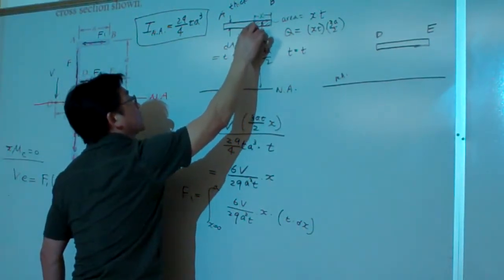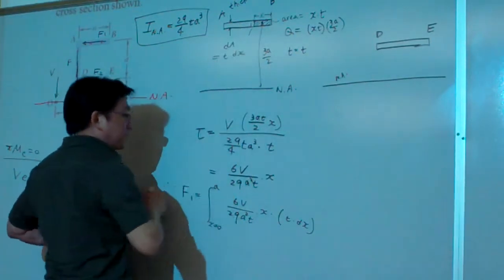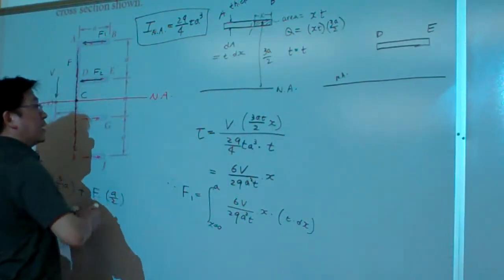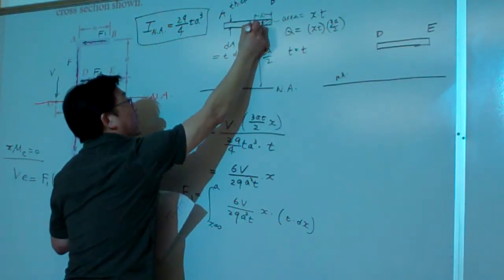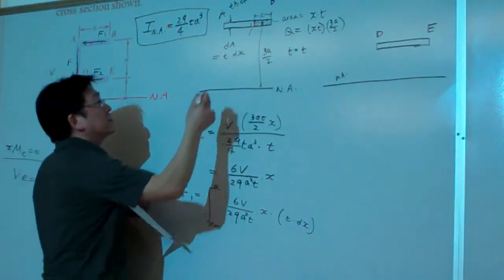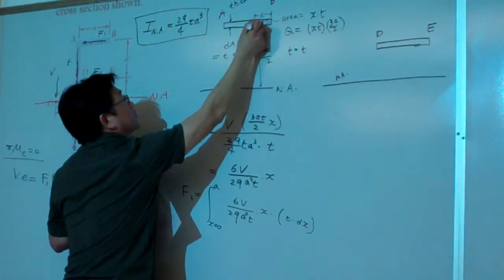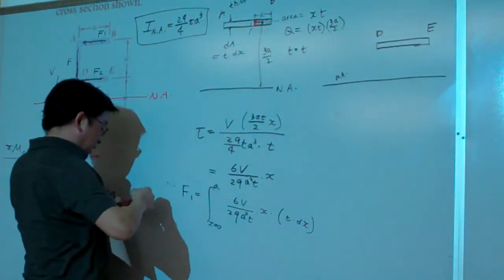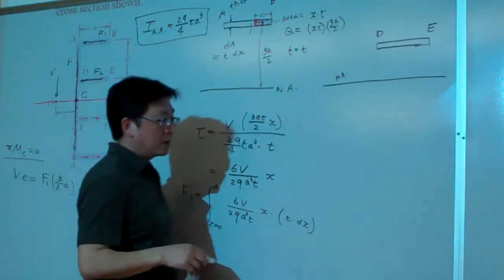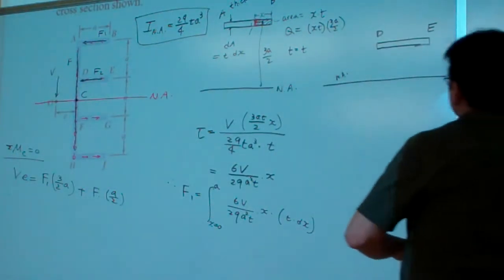Because right now, for this shaded area, we are calculating the stress at this point, at this segment. That is the magnitude of the shear stress distributed on the segment, and around that segment we have taken a small area.